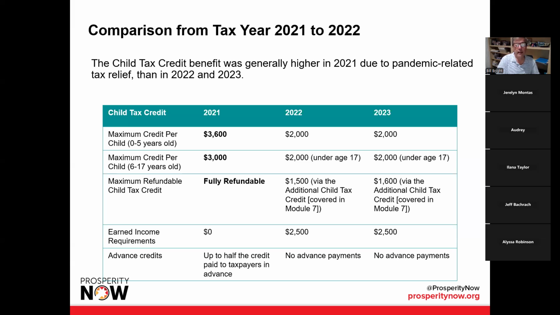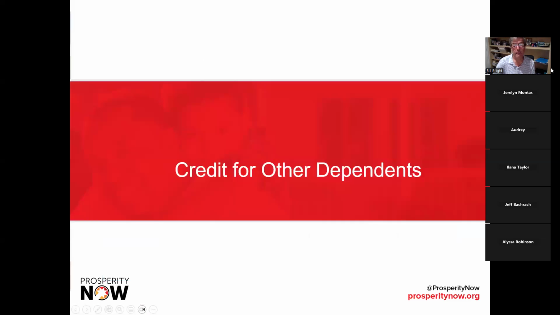That went away in 2022 and 2023, although the credit went up $100. The problem there is that, again, it was a big help in alleviating child poverty, but Congress did not renew that, and we're basically back to the way things were in 2020 as far as the child tax credit.